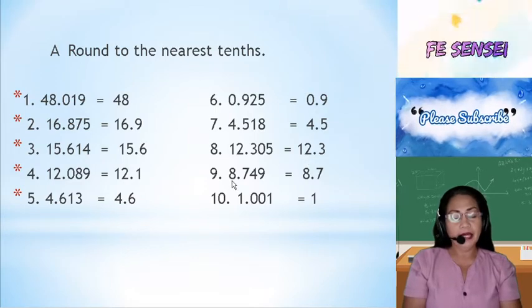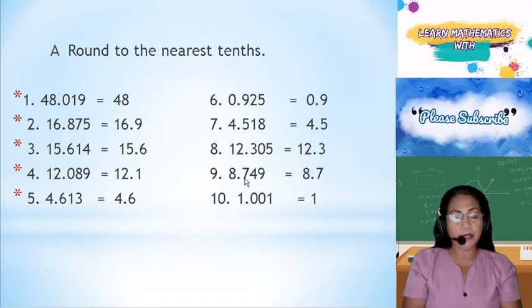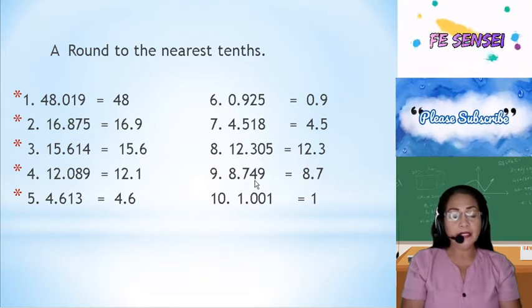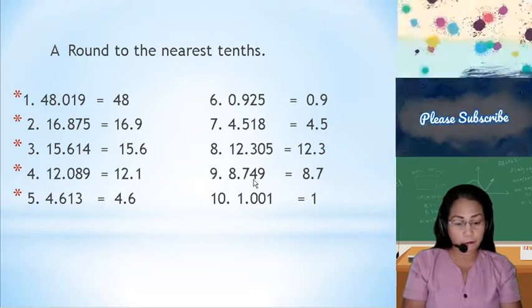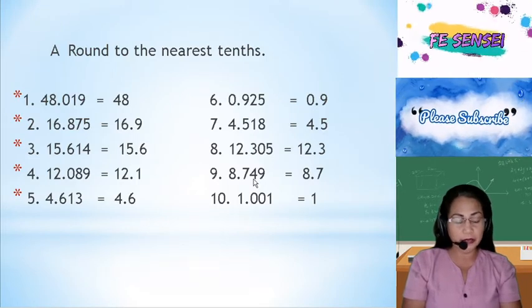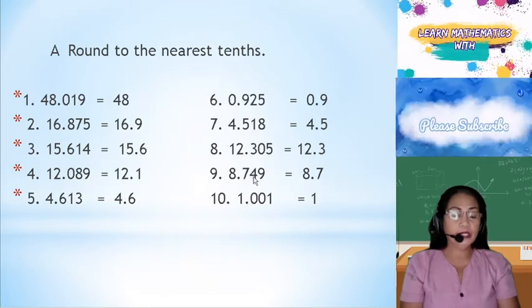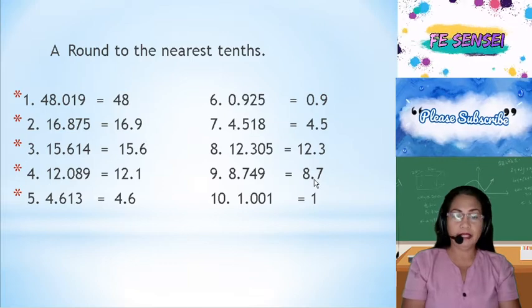Number 9, 8 and 749 thousandths. The number in the tenths place is 7. The number to the right is 4. It's less than 5. Round down, drop 4 and 9 and retain 7. So the answer is 8 and 7/10.